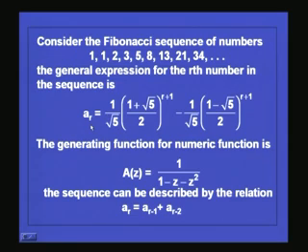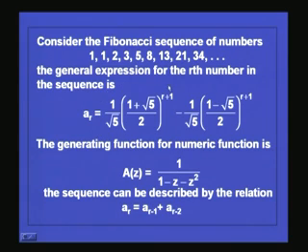This is the way you get the Fibonacci sequence, and it is given by this expression: ar is equal to ar minus 1 plus ar minus 2, with boundary conditions a naught is 1 and a1 is 1. So, a2 will be 2, a3 will be 3, a4 will be 5, and so on.